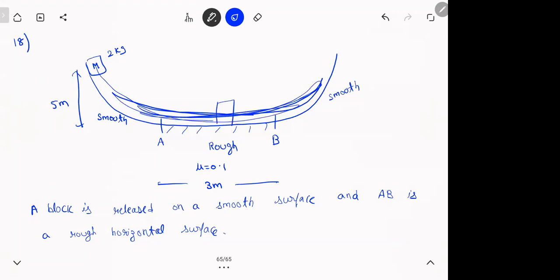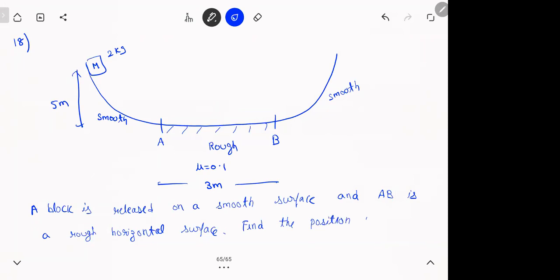Does that make sense? Because the middle section is rough, eventually you have to stop because every time you go over that rough part, you slow down a little. So find the position where it stops. So the block eventually will stop because of traveling on that rough path. So where does it stop finally?